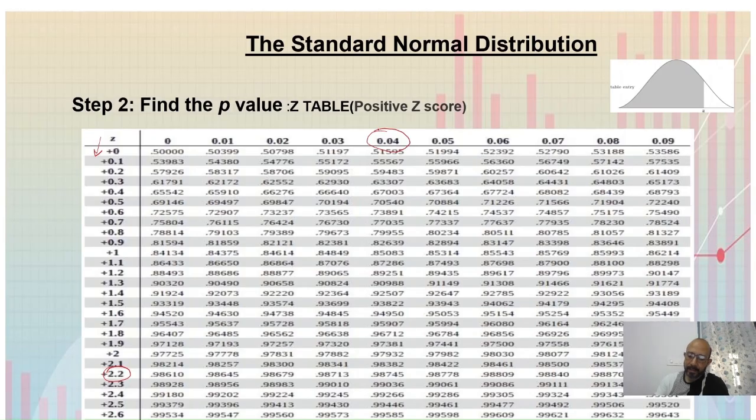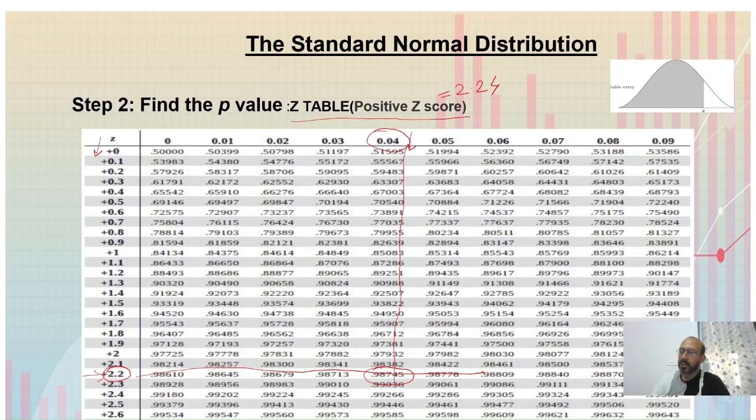So the intersection of this and this, that is the value 0.98745.